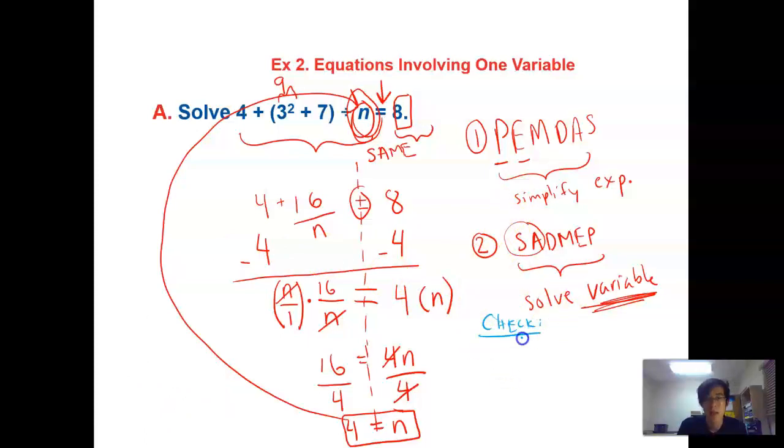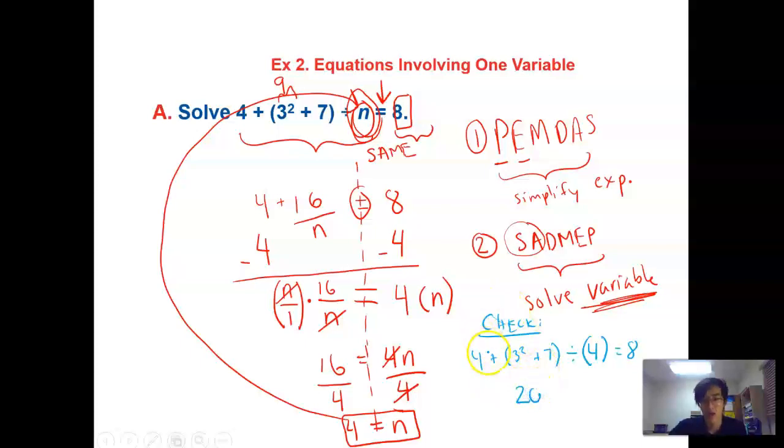So it's 4 plus 3 squared plus 7 divided by 4 equals 8. Okay, so we know that 9 plus 7 is 16, and 16 plus 4 is 20.